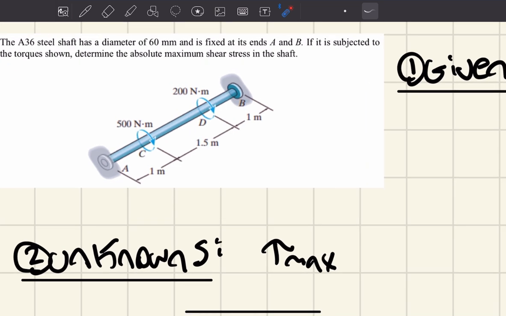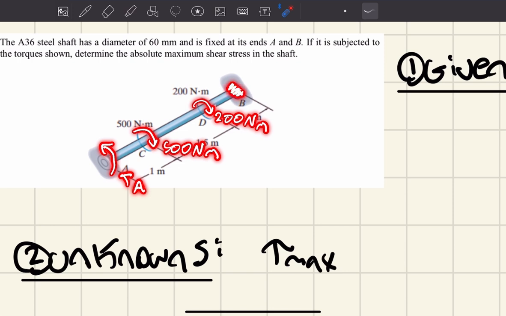Let's assume we have this 200 Newton meter torque, this 500 Newton meter torque, and this TA, as we've established. Let's assume B is stationary. We're analyzing the deformation caused by this 200. It's not actually stationary, but in terms of B, we're going to keep it fixed.